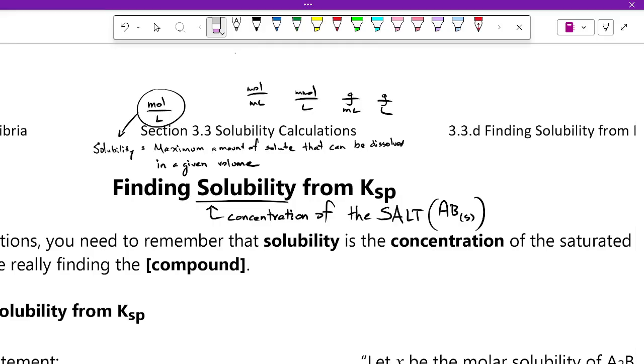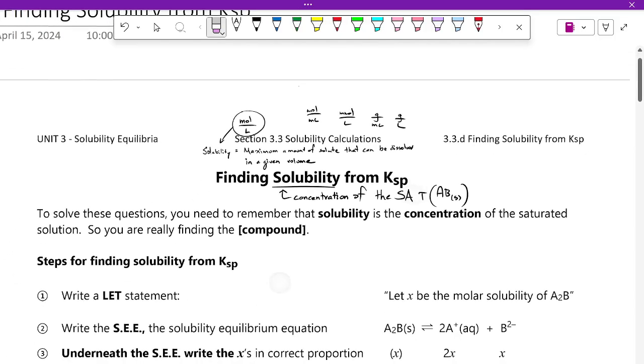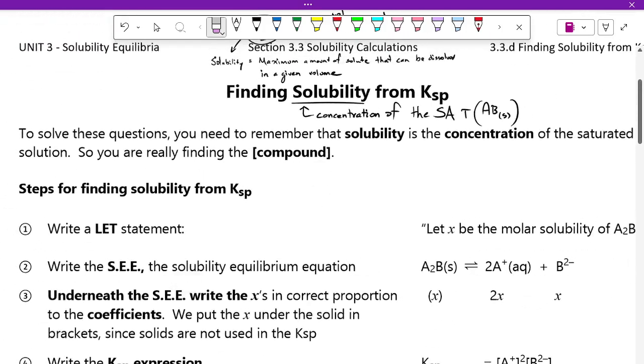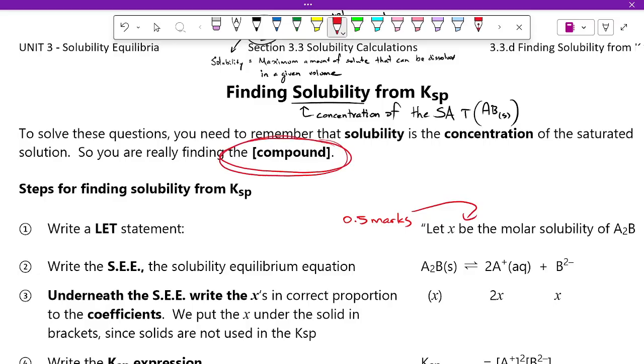This is fairly straightforward, but you need to follow these steps because you get 0.5 marks for writing a let statement. The concentration of the compound is our unknown, and this is the solubility.